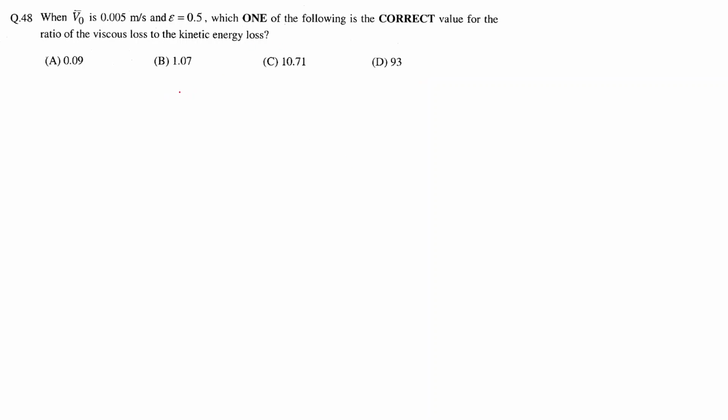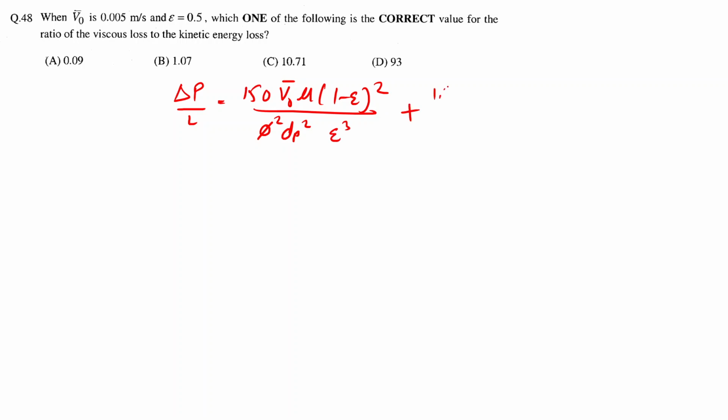So in the question, we have been given the pressure drop equation, that is 150 V naught bar mu (1 minus epsilon) square upon pi square dp square epsilon cube plus 1.75 rho V naught square (1 minus epsilon) upon epsilon cube phi s and dp.